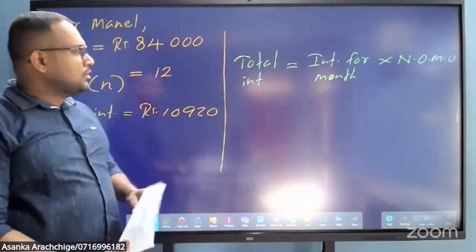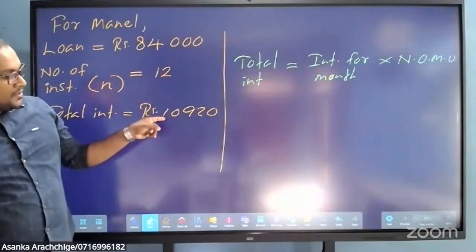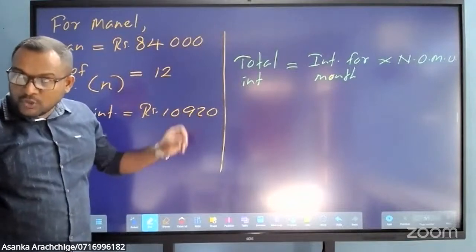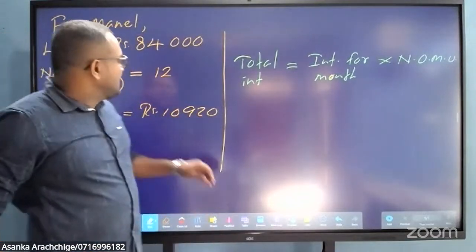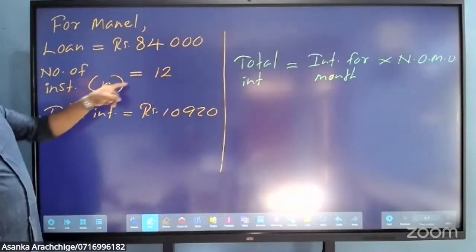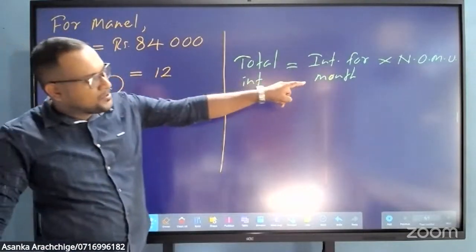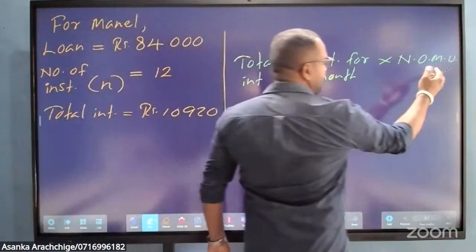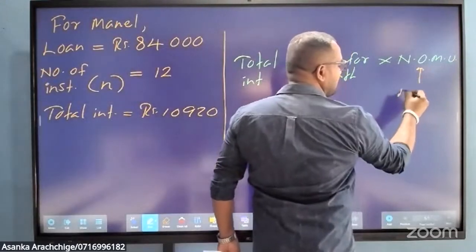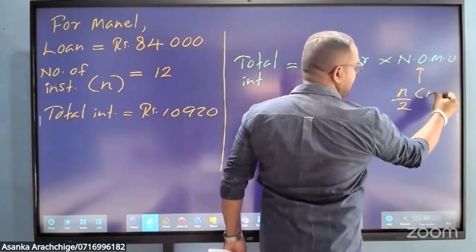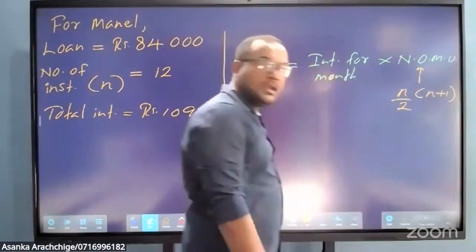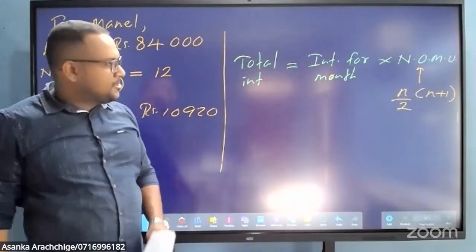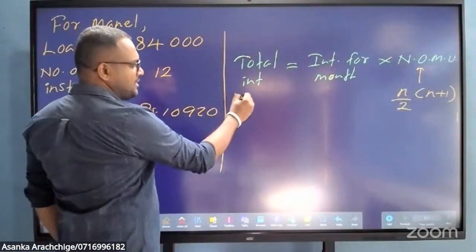Now, we know the total interest already, 10,920 rupees. And as we know the number of installments, we can get the number of month units as well, because the number of month units is equal to n upon 2 times n plus 1, where n is the number of installments.